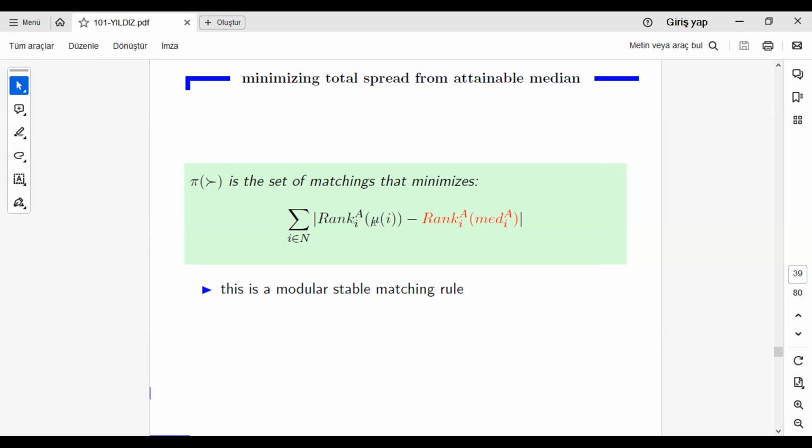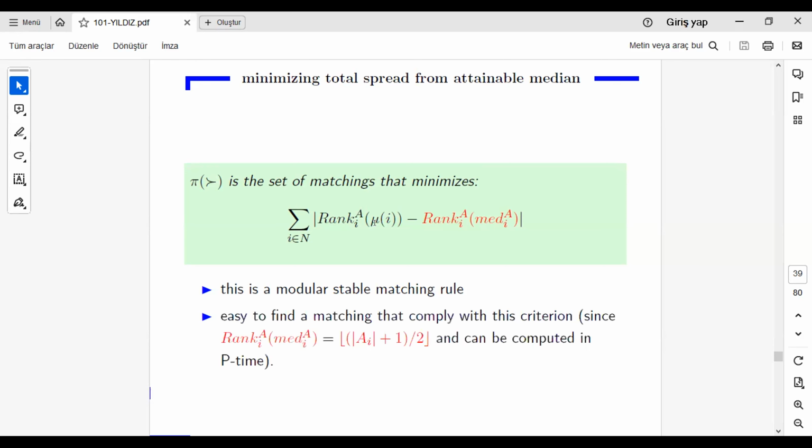In other words, measure the rank distance between his or her achievement and his or her median mate. If he or she is getting the median mate, then this difference is 0. But otherwise, take the absolute value of this difference and take the sum over all agents and minimize this function. Okay, we call this minimizing total spread from attainable median. And this is an example of a modular stable matching rule.